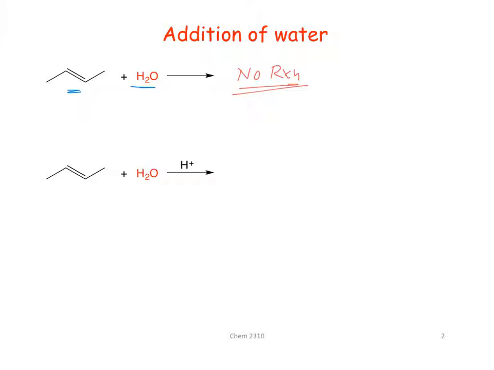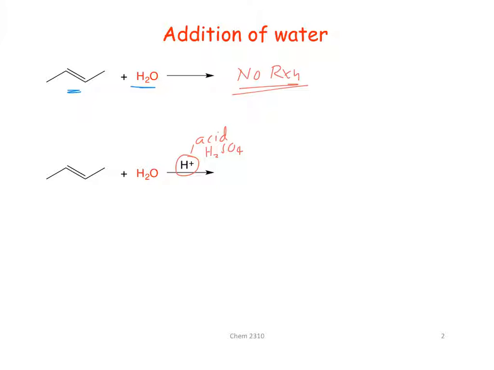So let's look at how we can actually make this reaction take place. What we need is to add a catalyst. And remember, a catalyst lowers the activation barrier for the reaction. This time we're going to add some acid. Probably the most common acid for this is sulfuric acid.